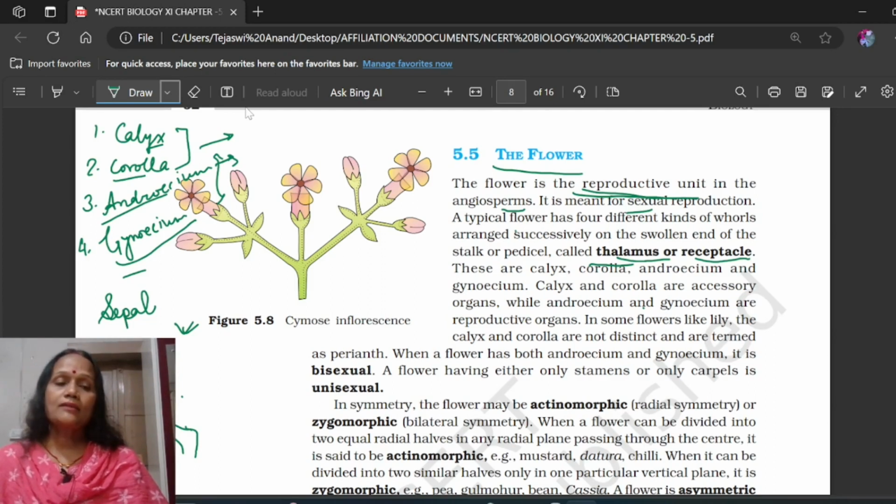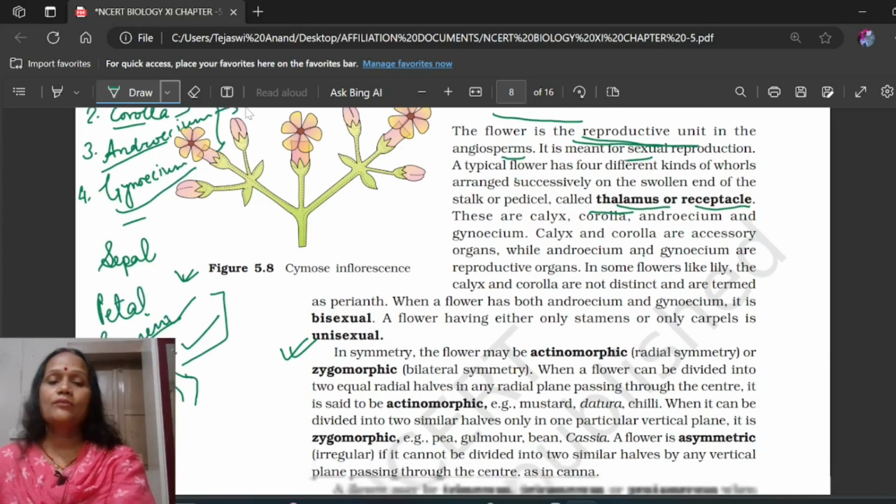When a flower has both stamens and carpels, it is called a bisexual flower. When only stamens or only carpels are present, it is called a unisexual flower. So you have to understand sepals, petals, stamens, carpels.